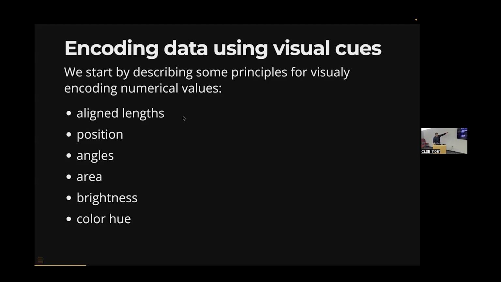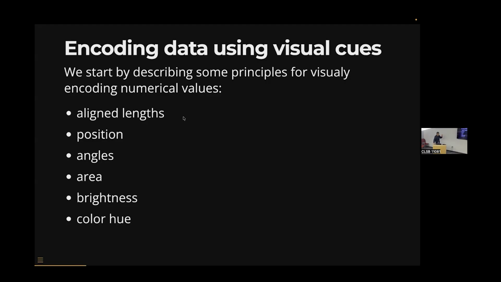So the best one is line length. If you see a length on a picture, you know how long it is. And if you see 2 of them, you know this one's longer than this one, right? That's very, very easy to see. The second best is position. That's points where you can see on the y-axis how big it is.